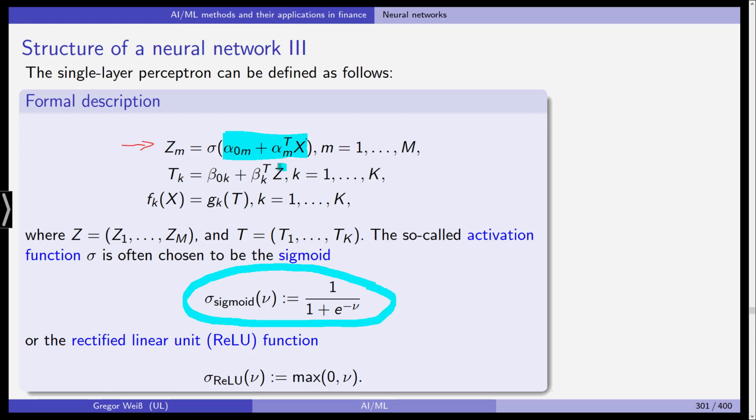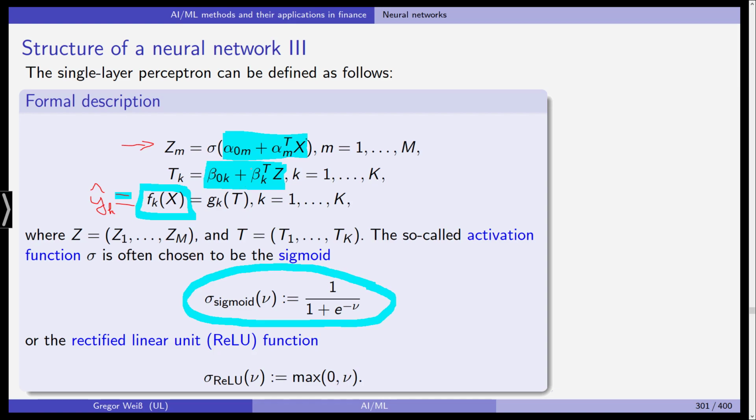And these hidden layers are then again linearly combined to yield tk, and then we can apply yet another nonlinear function, gk, to t, and this is our prediction for yk.